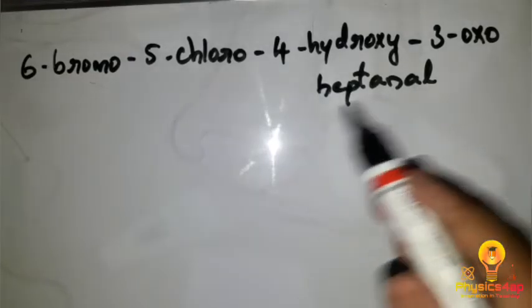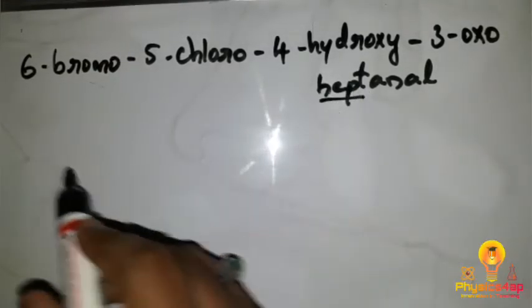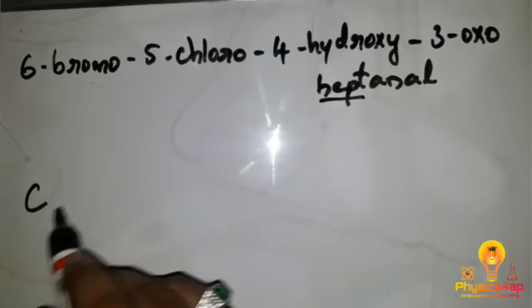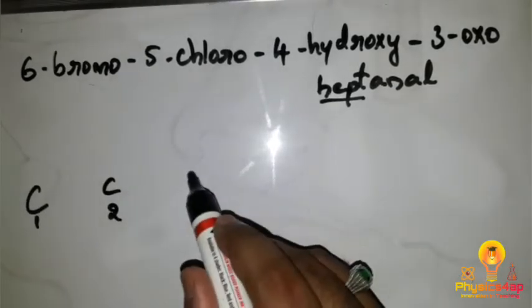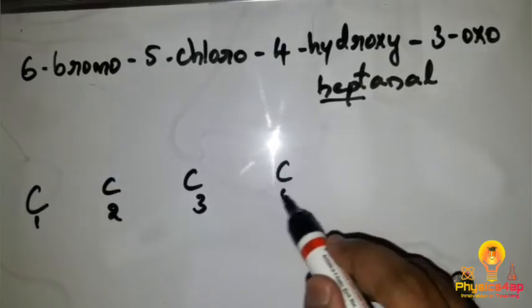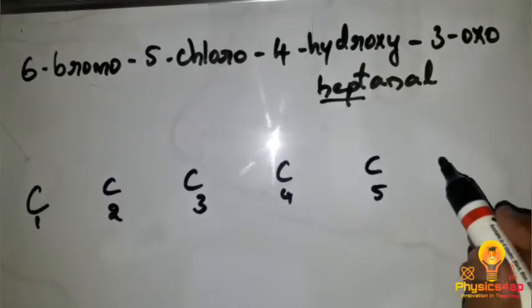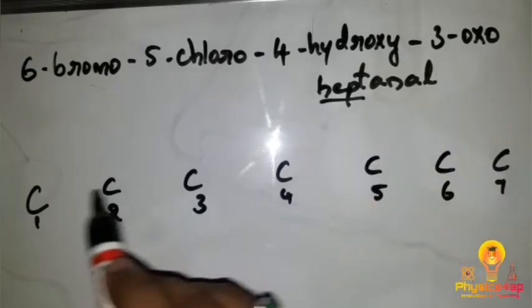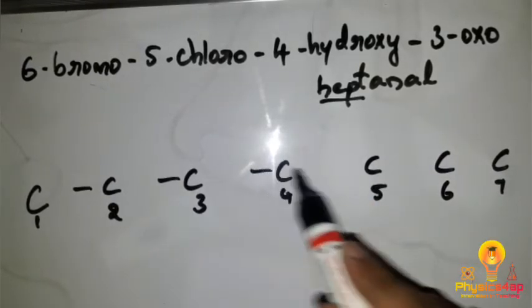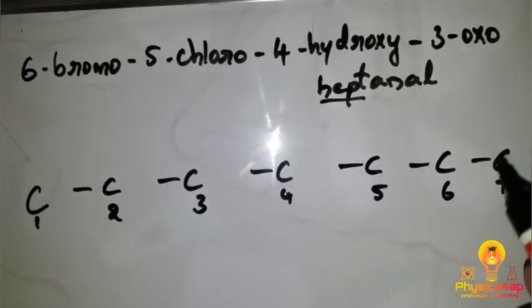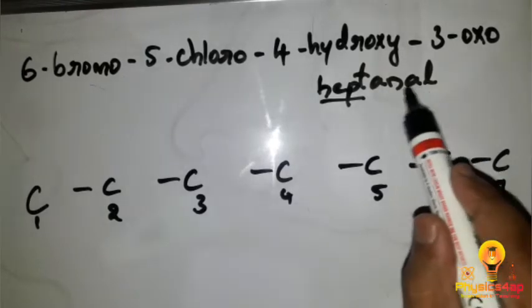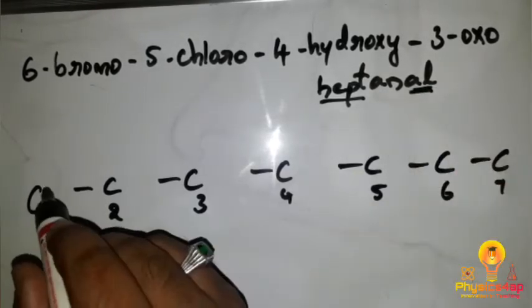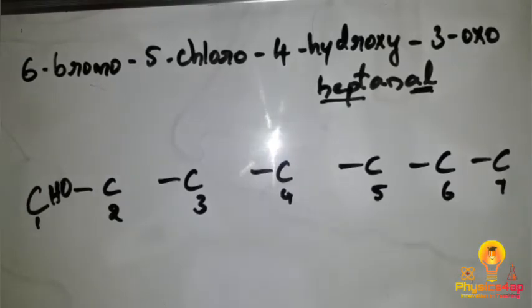So let us draw the structure. Hept is 7: 1 2 3 4 5 6 and 7. "An" means single bond, and "al" is the aldehyde, which is in the first position.